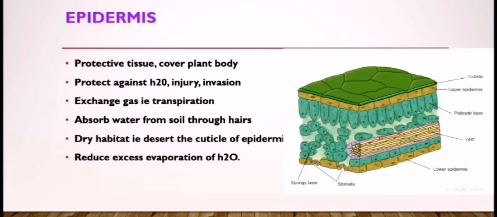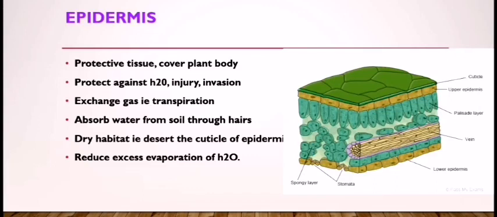And in the case of dry habitats like cactus plants or plants in the desert, the cuticle of the epidermis helps to reduce excessive evaporation of water. In desert areas the plants don't get much water, so they need to conserve more and more water.